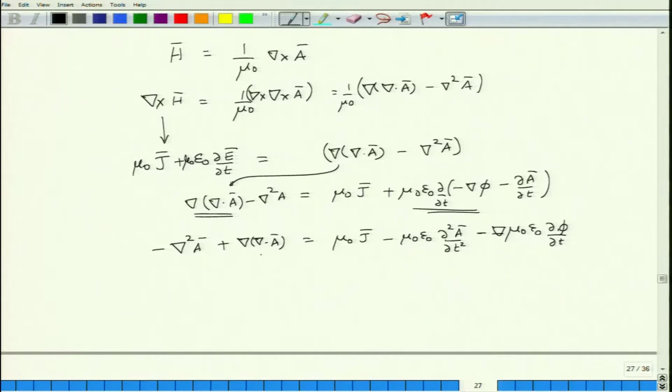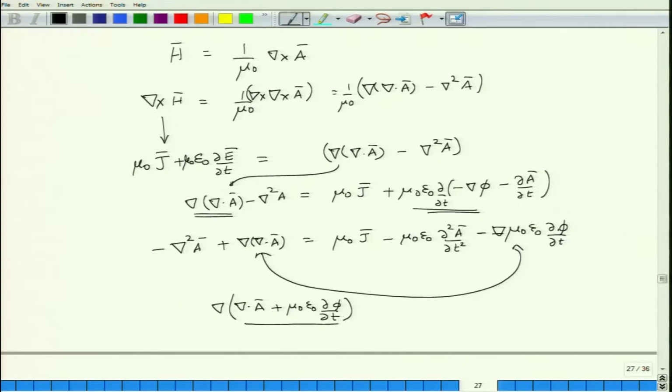Okay, now if I bring these two together onto one side, I get gradient of del dot A plus mu naught epsilon naught del phi by del T, and I can choose this entire term to be equal to 0, and when I do that I obtain what is called the Lorentz gauge.